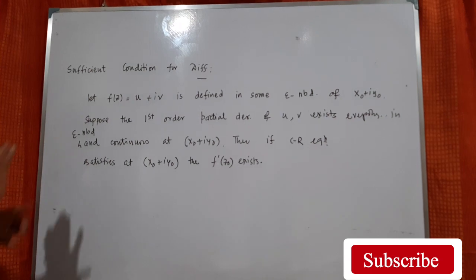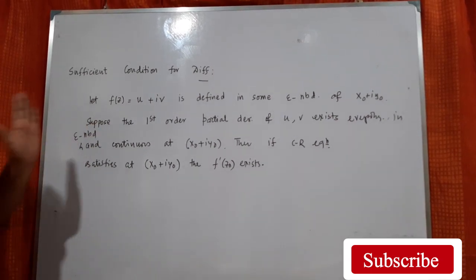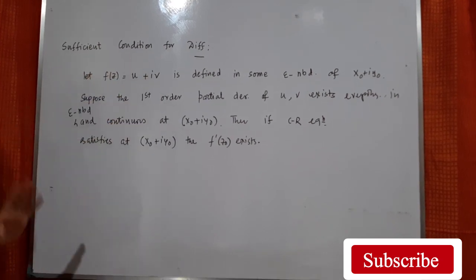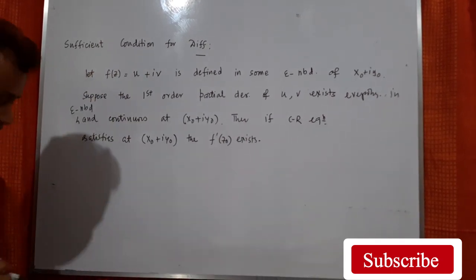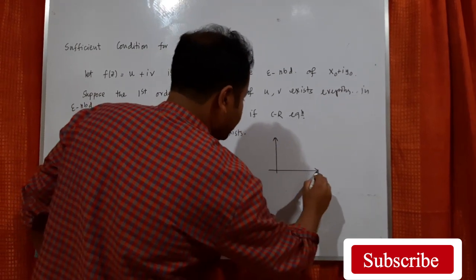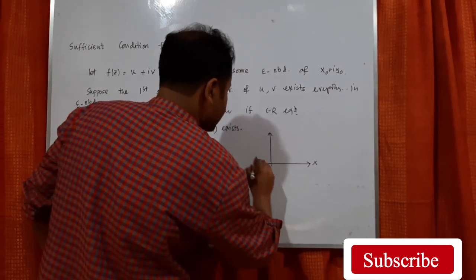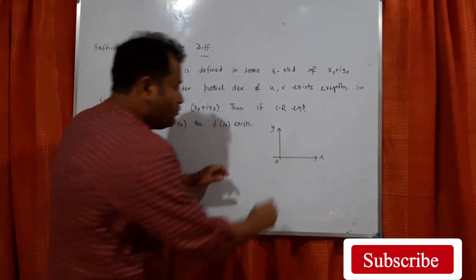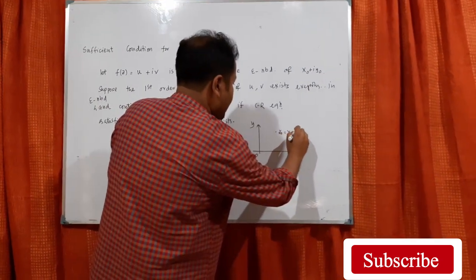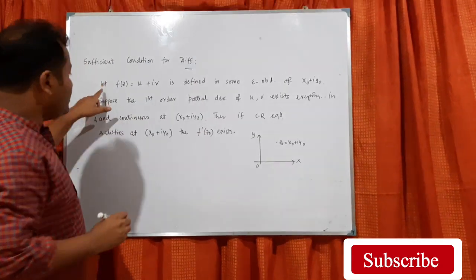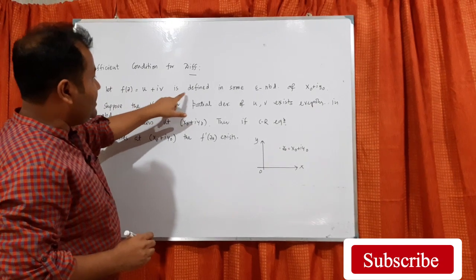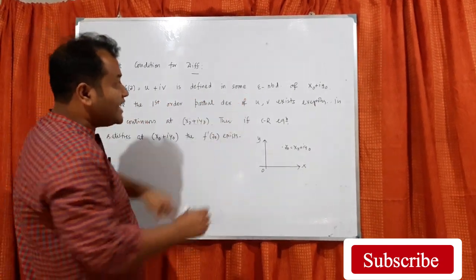So now I have written many things. What is the basic idea of this statement? Without reading also you can understand that. Say this is the two-dimensional plane, this is x and this is y. There is a point z naught, that is x naught plus i y naught. Let f(z) equals u plus iv be defined in some epsilon neighborhood.